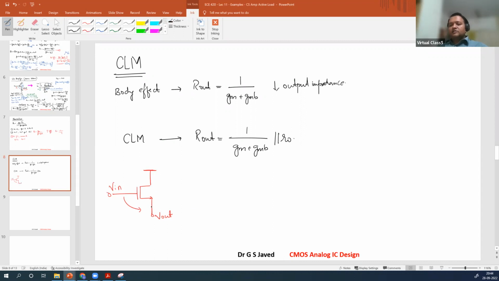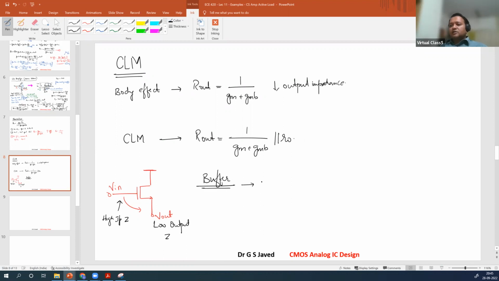This topology will see that whatever is present at the gate will appear at the output with a VT drop. So the source will follow the gate, and you will see the source follower coming into the picture. Another is you will have a high input impedance here and low output impedance. So this can also act like a buffer, right? If you want to have an impedance transformation, you can use it with high impedance at the input and low impedance at the output.